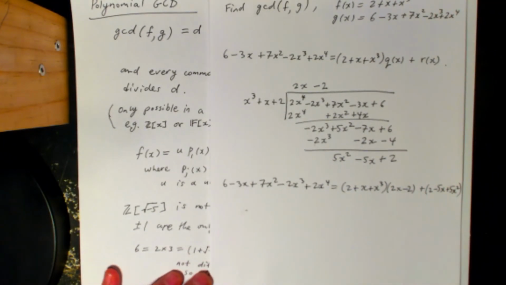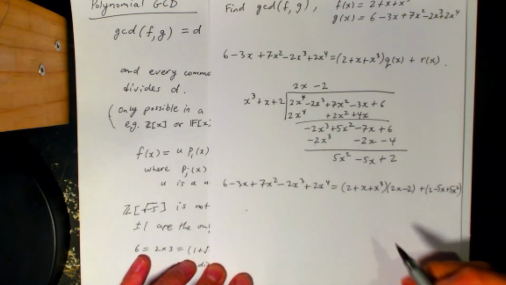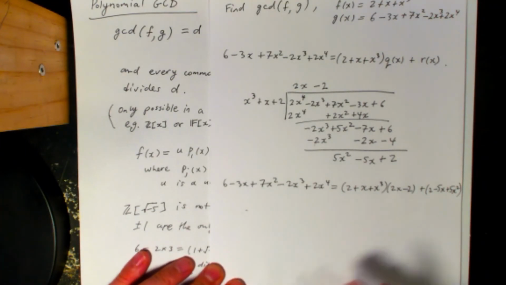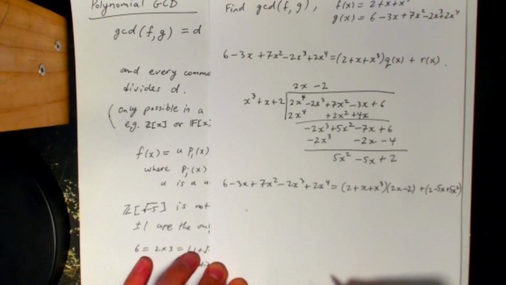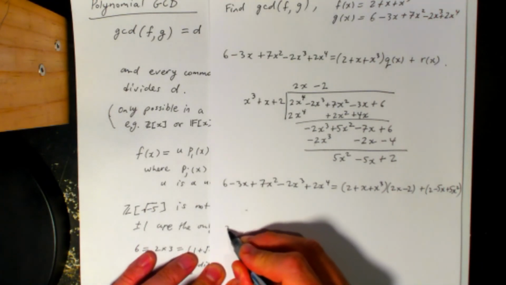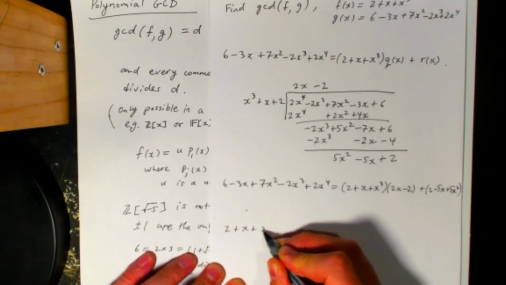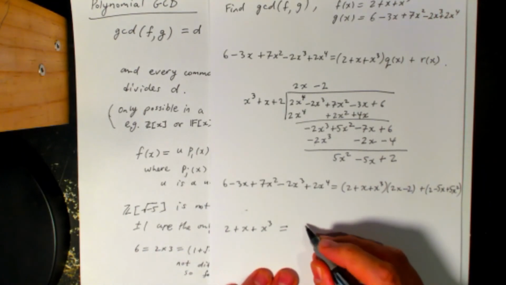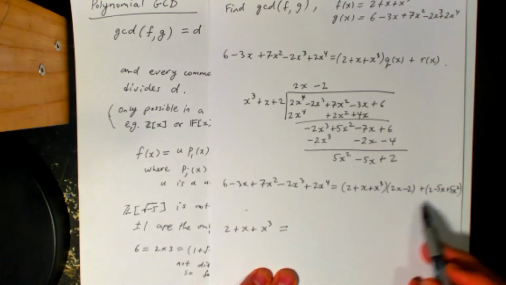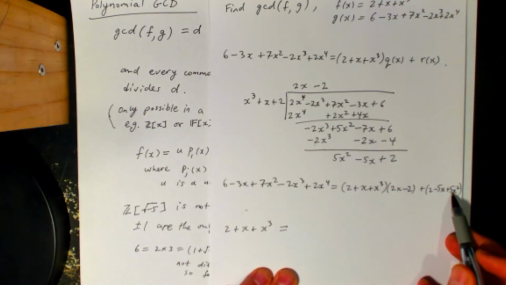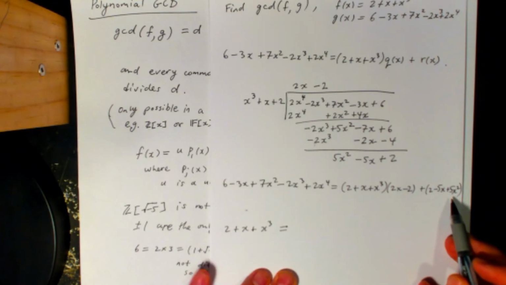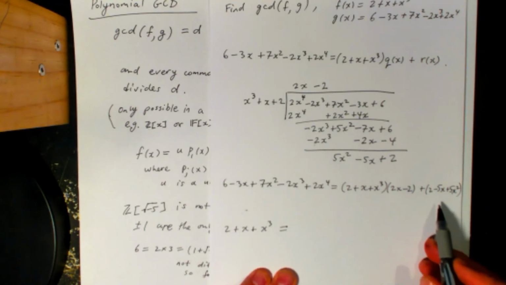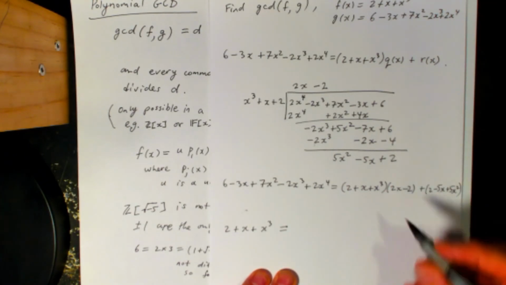Okay, so now we want to shift these over just like we did earlier with the integer version of the Euclidean algorithm. So I'll put now 2 plus x cubed equals, now I want to bring this remainder over, but I notice that I've got a 5 in front of the x squared term there. So, and hang on, oh, that difference is 10.